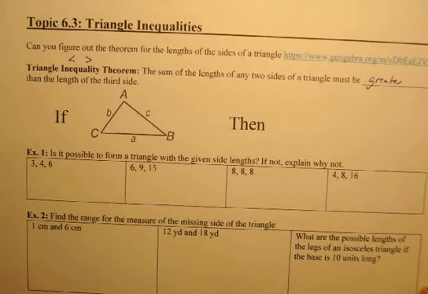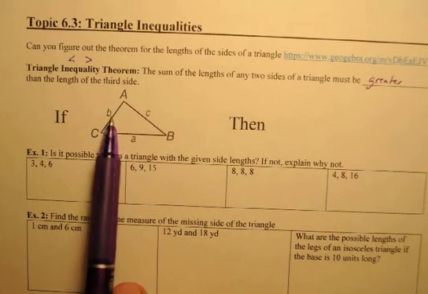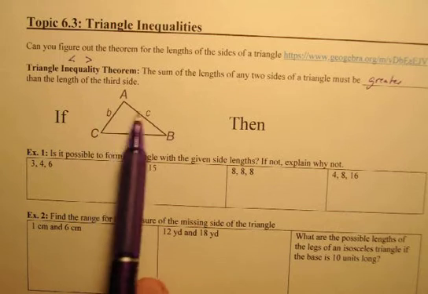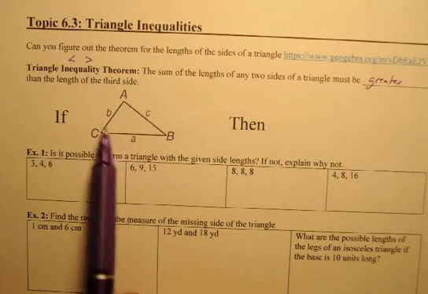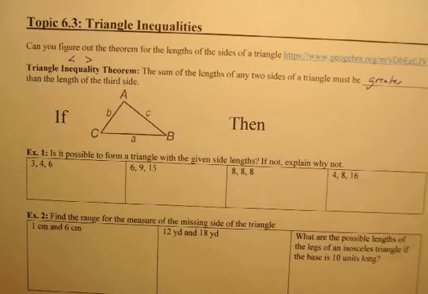So what that means is, if three sides are going to form a triangle, then the relationship has to be this.